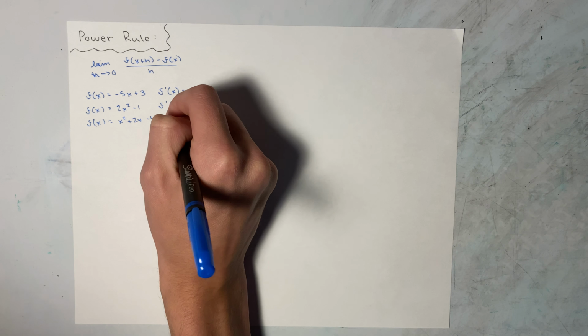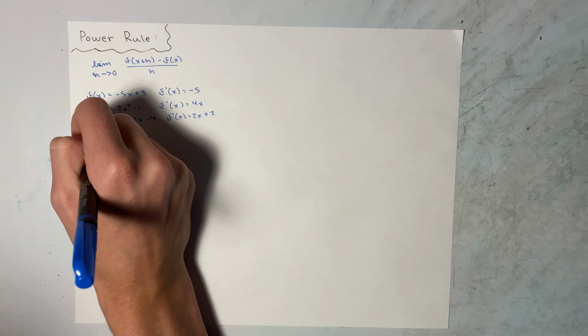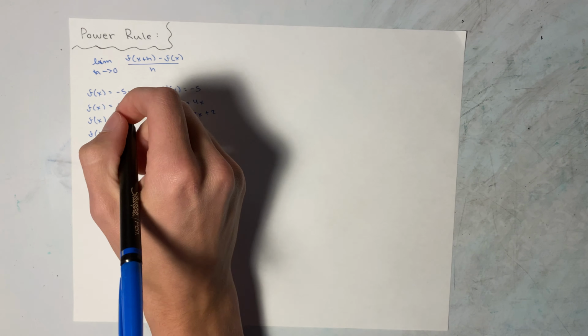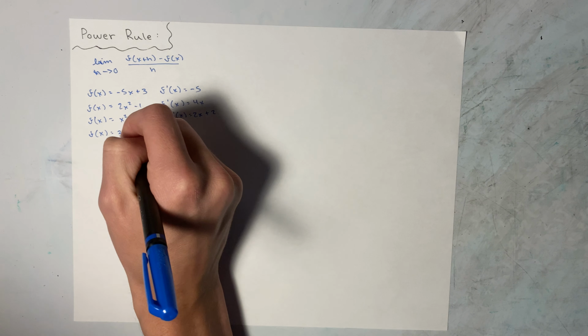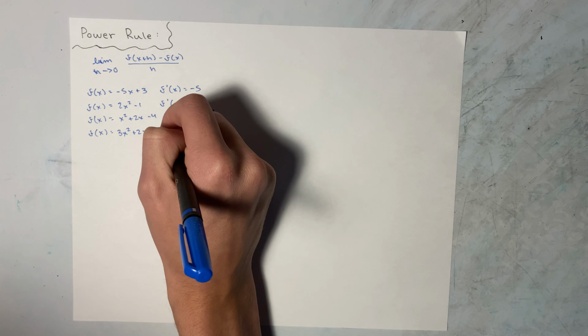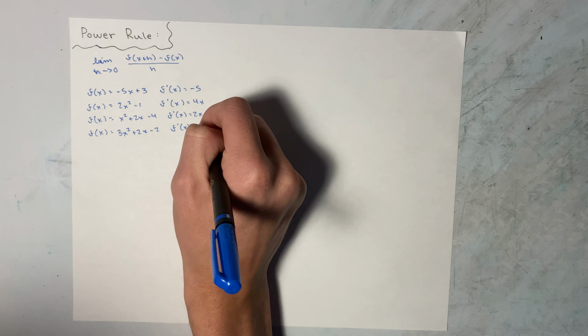I know that f prime of x is going to equal 2x plus 2. And for the last one, let's say f of x is equal to 3x squared plus 2x minus 2. I know f prime of x is going to be equal to 6x plus 2.